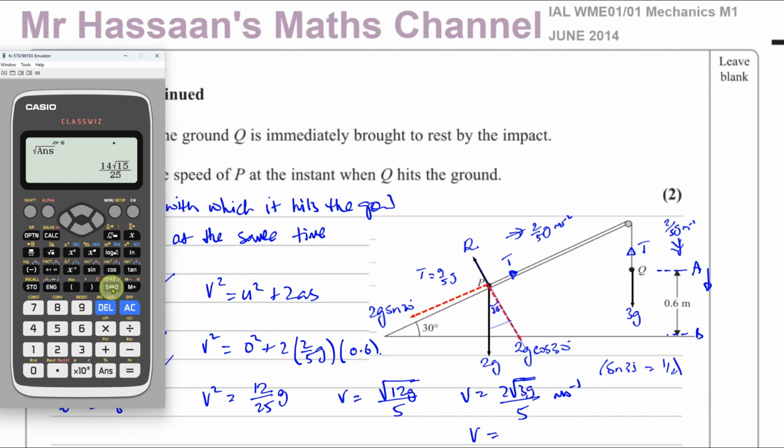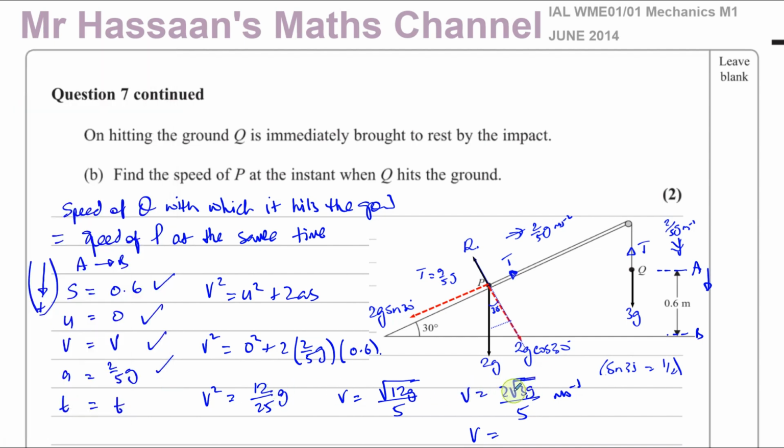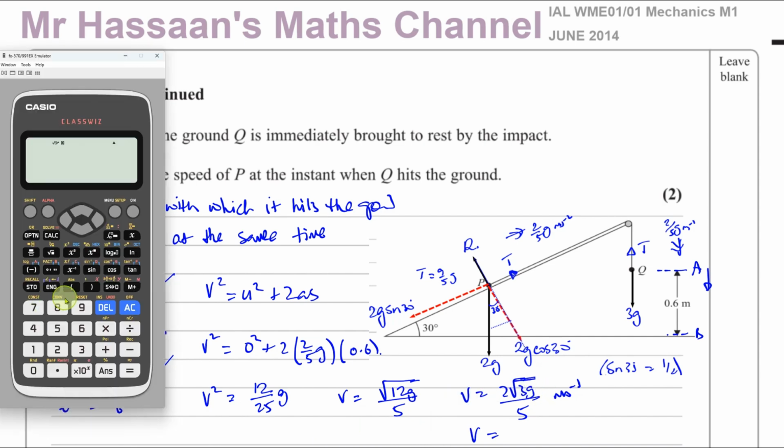That gives us, oops, there's something wrong here. That should be 2√3. That's right, 2√3 over 5 times g inside there. What did I do wrong? So we have 2 times √3 times 9.8. Okay, and all of that over, no.